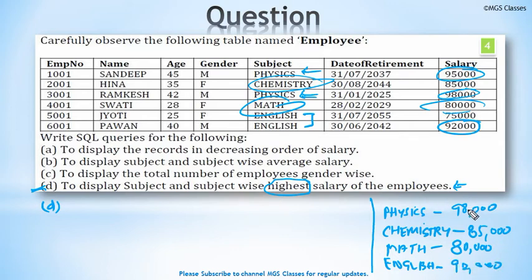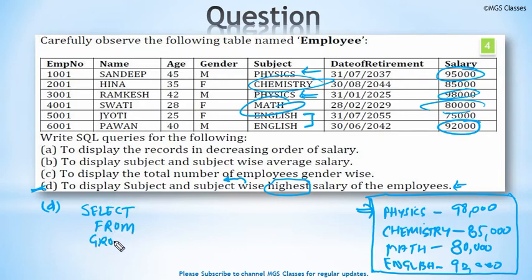So he wants this output, but he doesn't want the output, he wants you to write the SQL query that will give that output. Okay, so here the wise keyword is coming before the subject column, so we will write select, from, and then group by. We have to definitely use it here because we want subject wise maximum, so group by will be done on the subject column, and the table is the employee table.